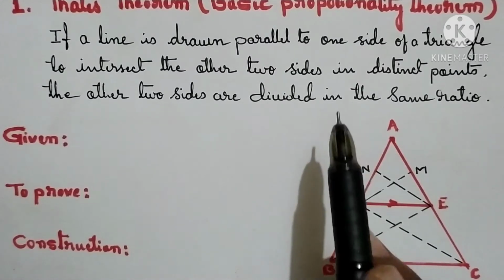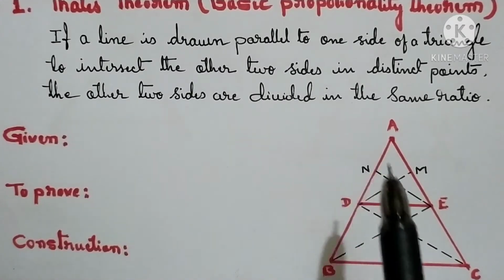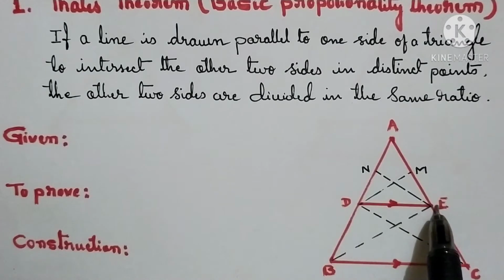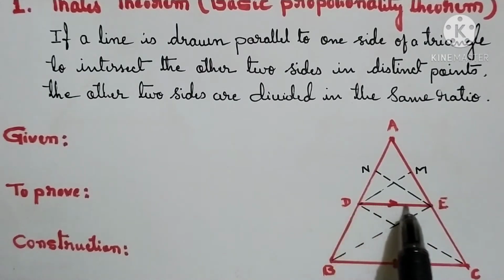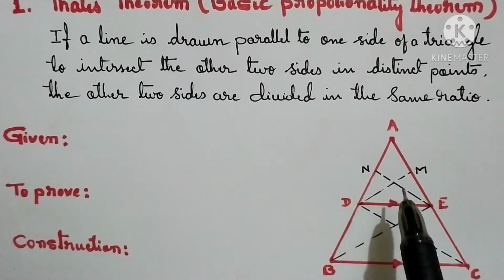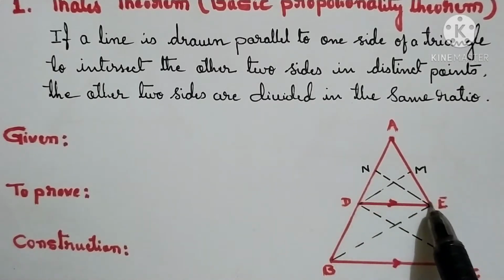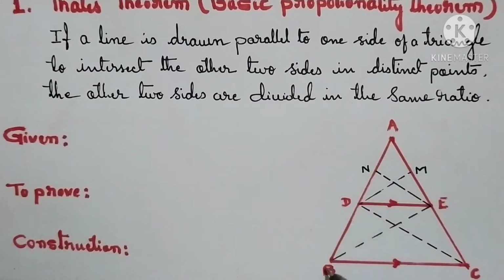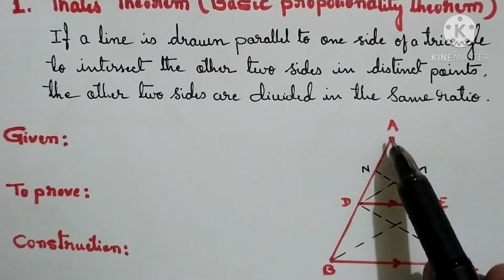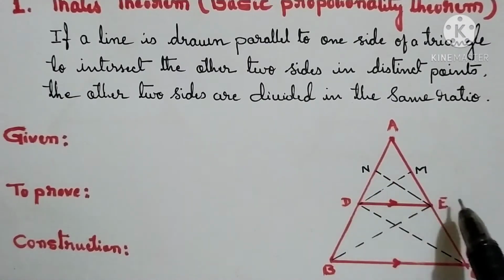So according to the Thales theorem statement, if a line is drawn parallel to one side of a triangle to intersect the other two sides, so this line intersects the other two sides, that means here AB and AC, in distinct points.